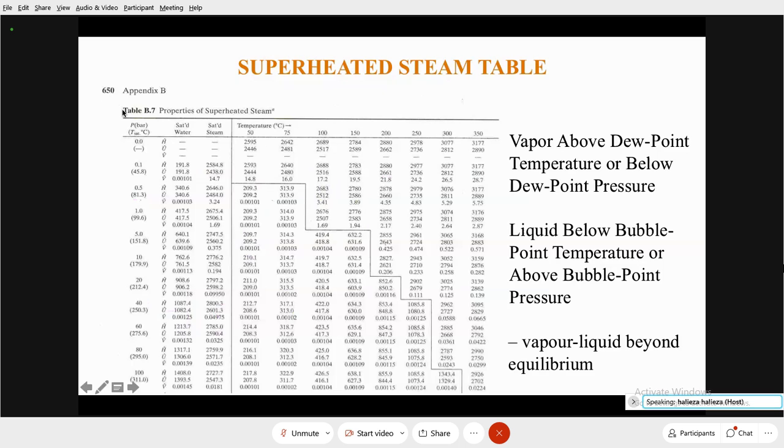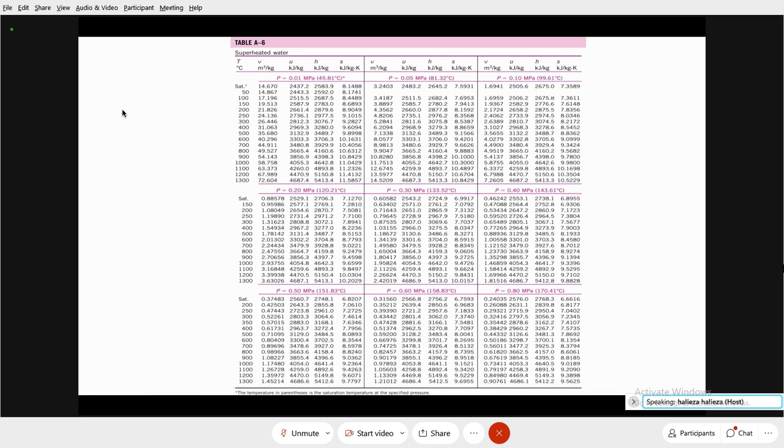Let's proceed. That is another example of a superheated steam table. This table is slightly different from your textbook because this is from a thermodynamics textbook by Cengel. This is another way of looking at the steam table. You have the pressure, you have the temperature.